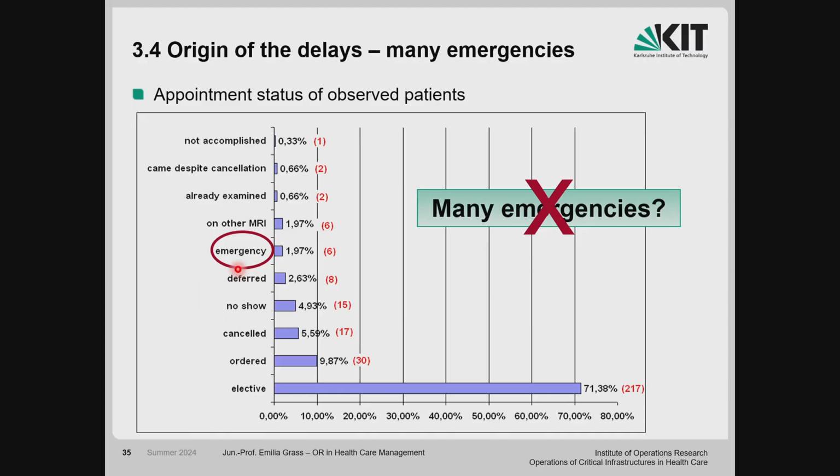They were asked if this is true, since it could be that the 350 appointments were somehow not real numbers, but they confirmed it, so they don't really have many emergencies here. Most of them are electives. So patients are calling in and they have to come at a particular time, slot and day. So that cannot be the explanation.